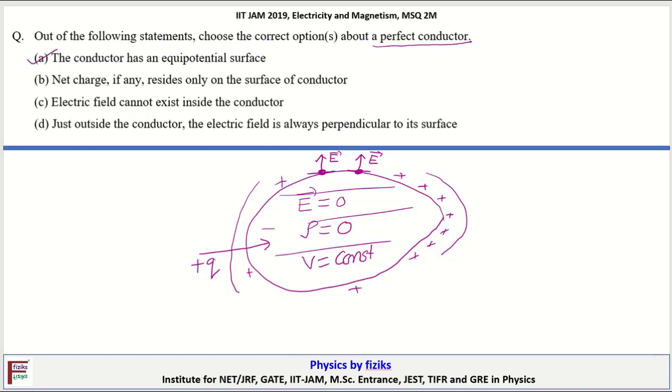That is true. Option B is net charge, if any, resides on the surface of a conductor. That is also true. Next is electric field cannot exist inside the conductor. This is also true. And just outside the conductor, the electric field is always perpendicular to its surface. This is also true. So all options are correct.